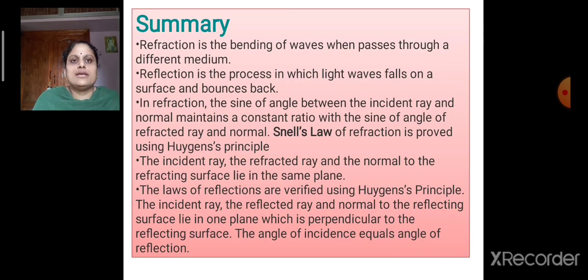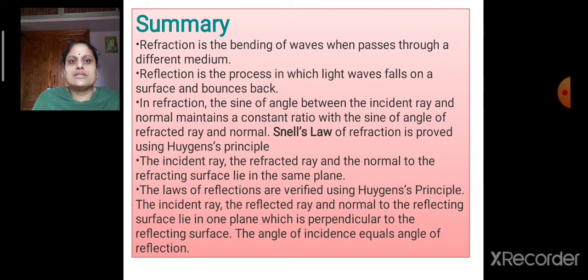So as a summary, we can just brief the details. Refraction is the bending of waves when they pass through a different medium. Reflection is the process in which a light wave falls on a surface and bounces back.